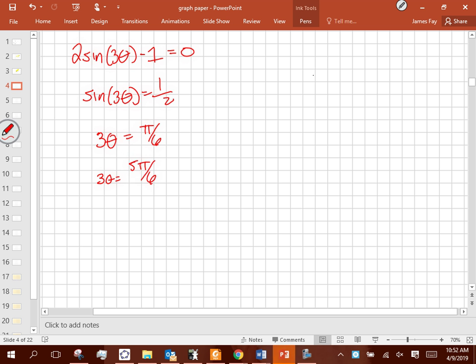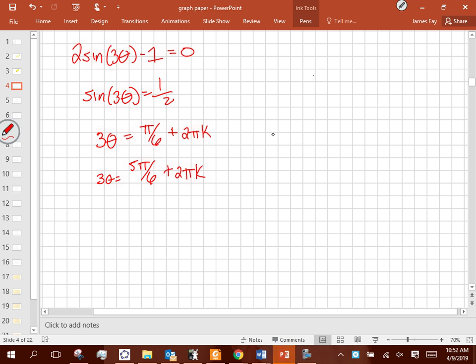Now, what we want to do here is find all 6 solutions that occur. The best way of doing that is to create those infinite equations. So add 2 pi k here and add 2 pi k there. Does that make sense? So that's the second step. The third step is to solve for theta.